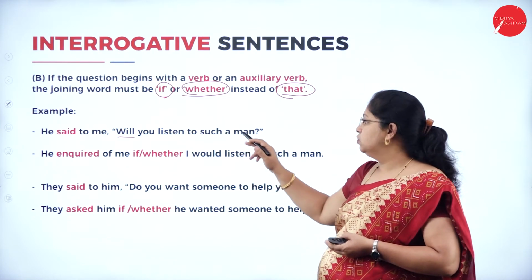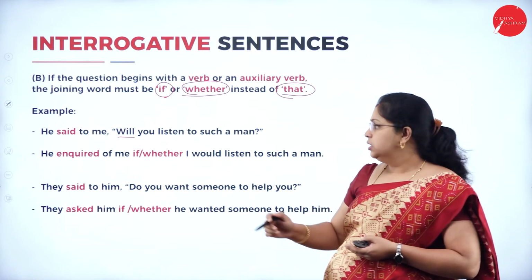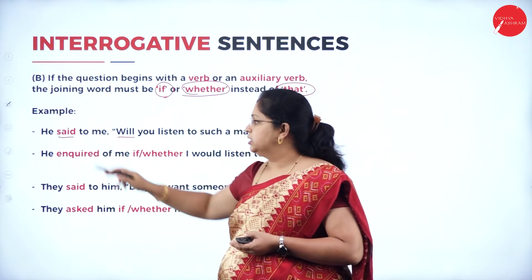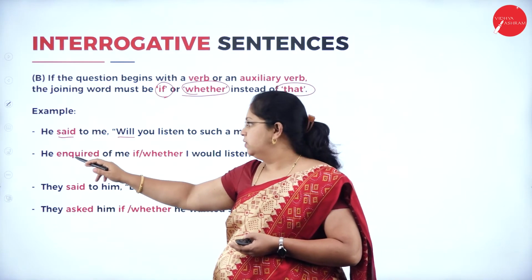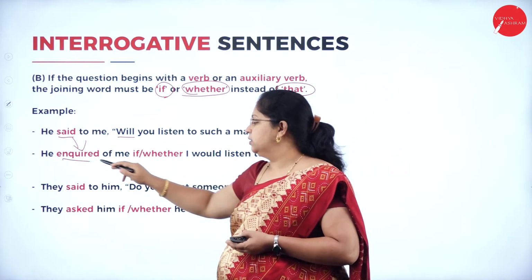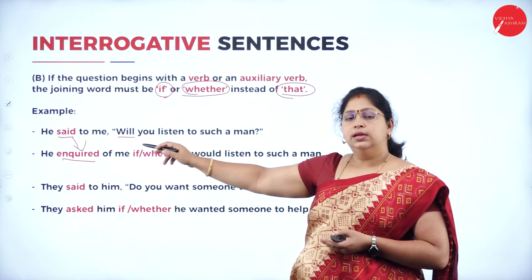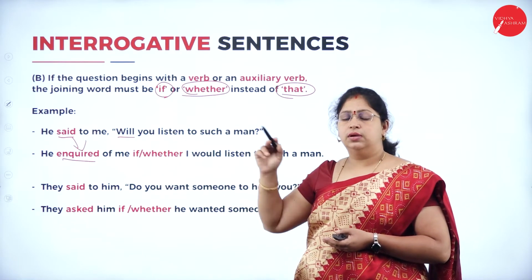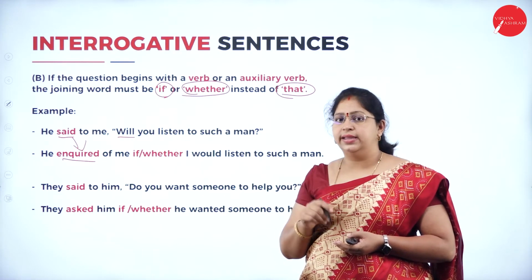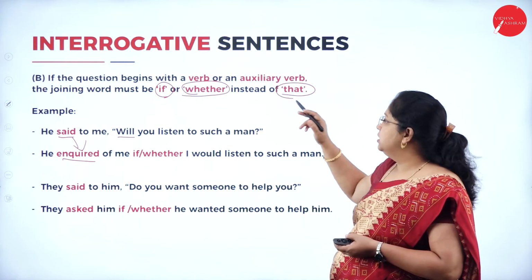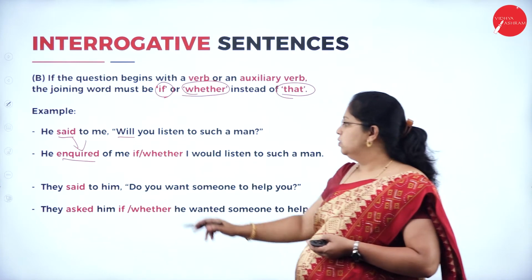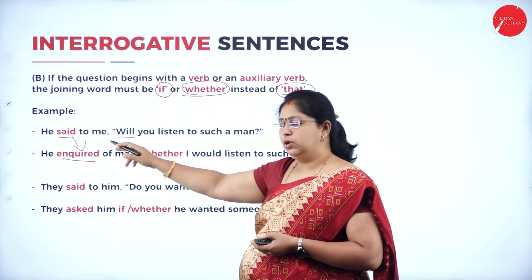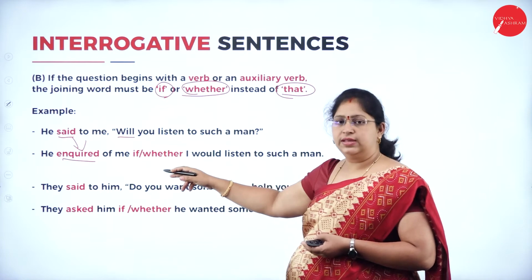Correct. So, here "said" has to change. Okay. He inquired. Instead of "said", the word used here is "inquired", and "that" will not be used. We removed a comma and added "that" there, correct? So, this condition says that instead of "that" we need to use "if" or "whether". So, instead of "that", after removing the comma, "if" or "whether" is added.